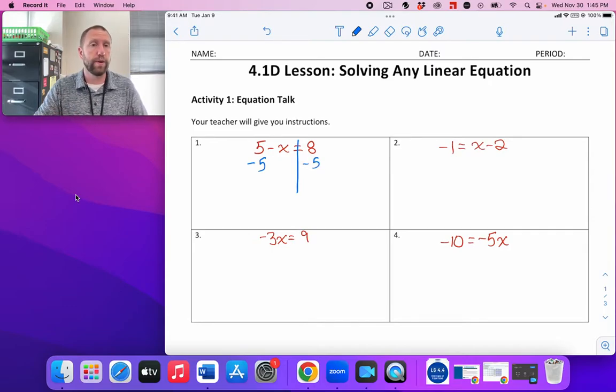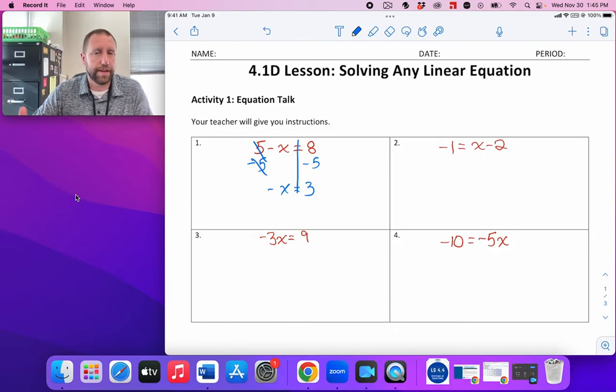Now, earlier this week, we also learned if you're not taking away the same amount from both sides of the equation, it's not balanced anymore. So to keep our equation balanced, I write it on both sides that I'm subtracting 5, and those go away. And that's just minus x now, or negative x. On the other side, 8 minus 5 is negative 3. I'm sorry, 8 minus 5 is 3.